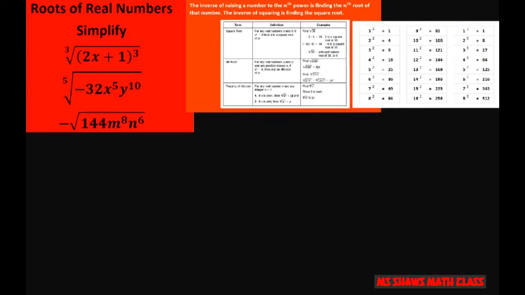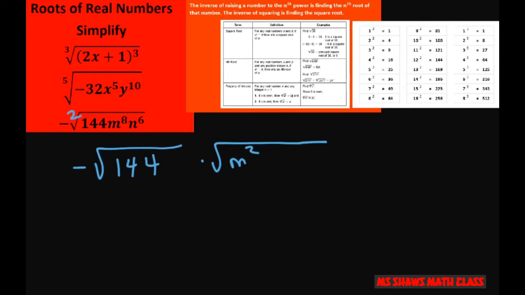Now for the last one, we need to know this. Let's break it up. 144. We're dealing with square root. So for this one, the m, I'm going to write this as m squared times m squared times m squared times m squared.